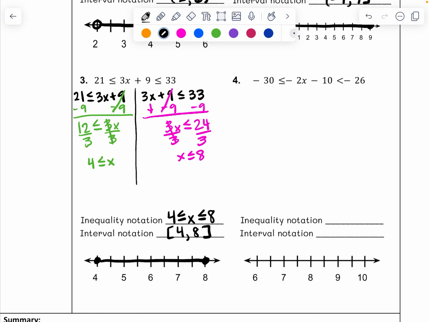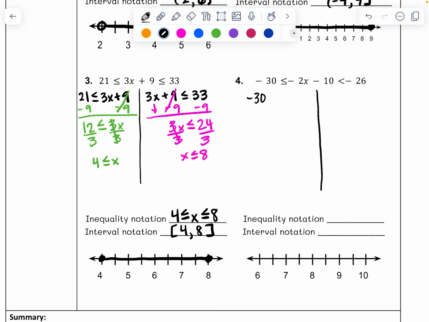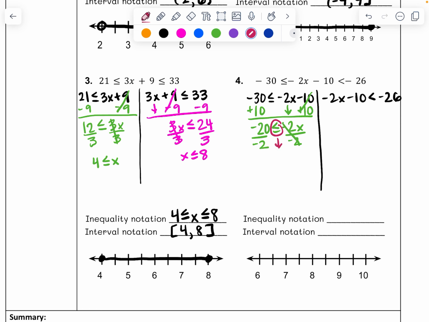Last example. Set up your two inequalities. -30 is less than or equal to -2x minus 10, and -2x minus 10 is less than -26. I'm going to add 10. -20 is less than or equal to -2x. Divide by -2. Now I'm dividing by a negative number, so I have to flip the symbol.